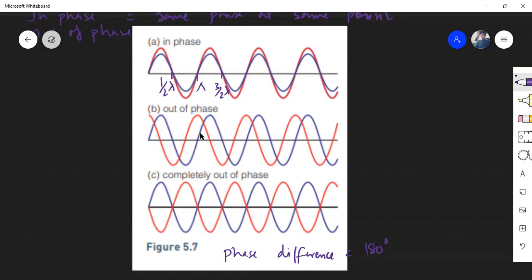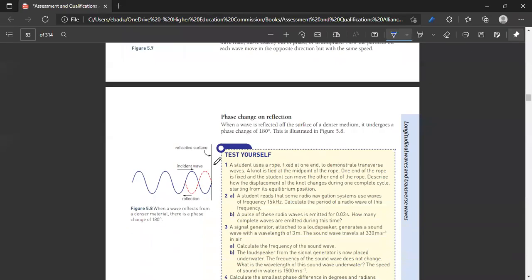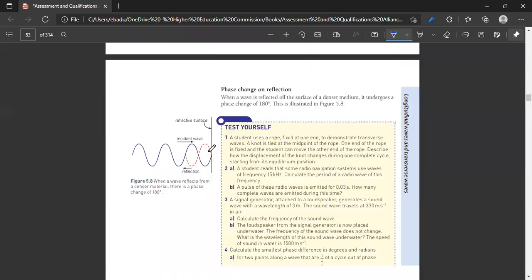Can you write that down right next to it? Out of phase waves are waves that are not in phase. Okay. Do you get this? Yeah.